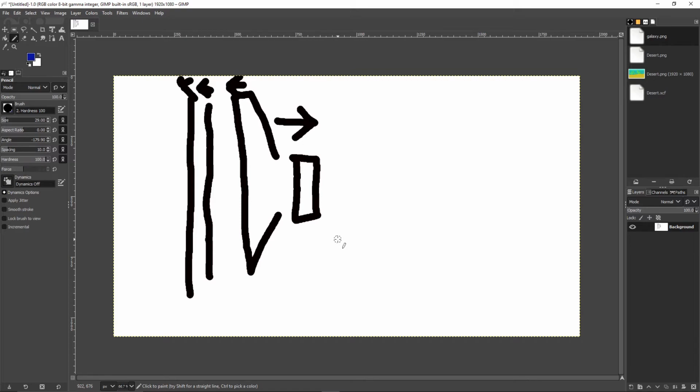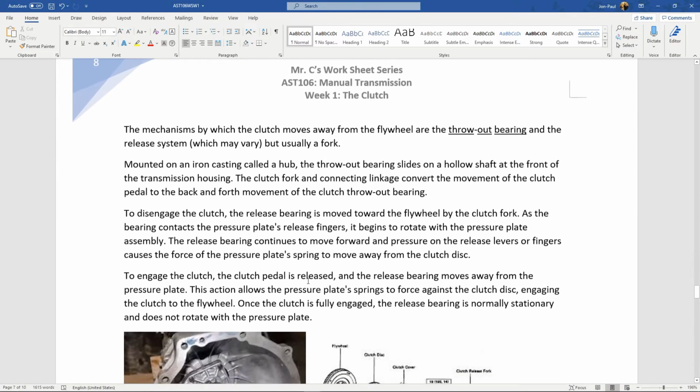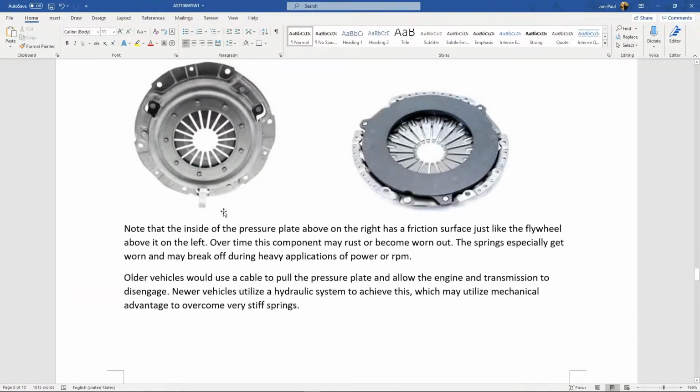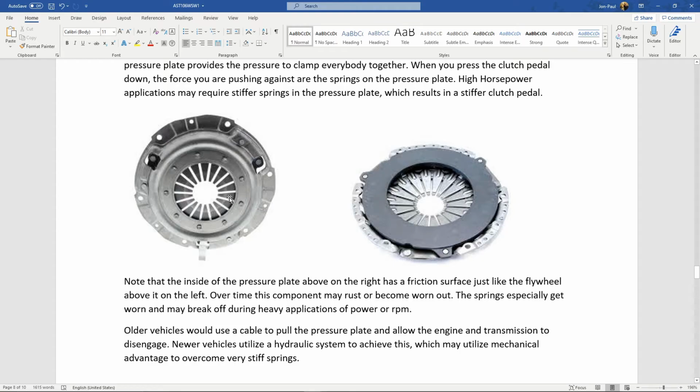Now you push the clutch lever down. I want to disengage the clutch. You push the clutch lever down. The slave cylinder moves the fork and pushes the bearing into the fingers of the pressure plate.